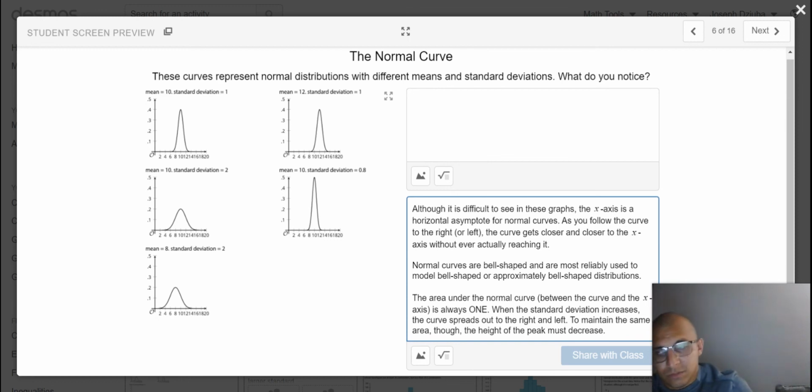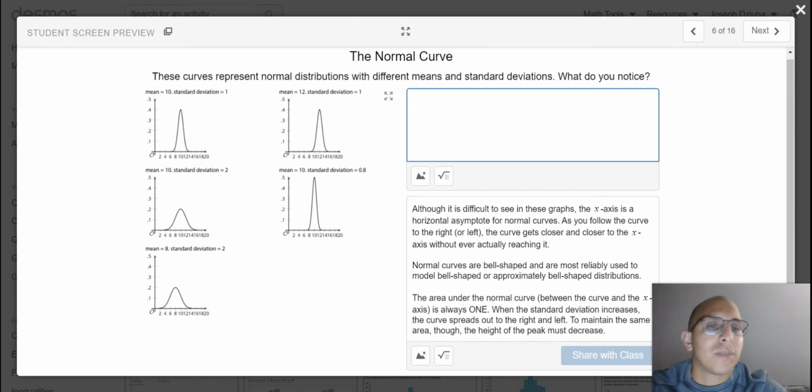And vice versa, if the standard deviation decreases, meaning there's less variability in the data from the average or the mean of the data set, so the data should be much more compact, that would make the height of the peak increase. So we would have relatively tall normal distributions, as you can see especially in our standard deviation of 0.8. It looks to be the most narrow of our normal distributions.